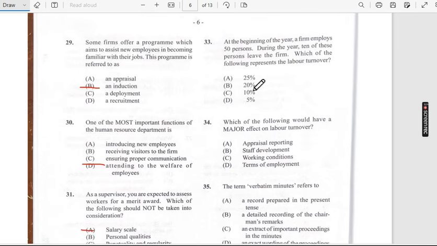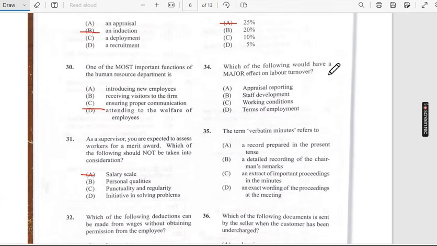And 10 of them leave during the year. So 10 out of 50 leave, so it's 20%, perhaps. This would be how many persons leave.